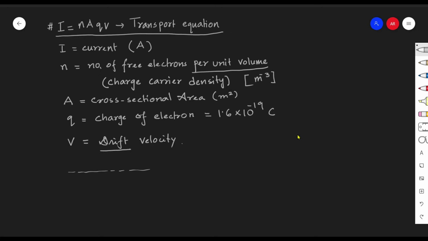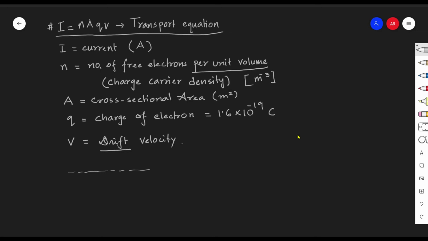Sometimes the question states e in place of q, small e. So small e or small q or capital Q doesn't matter. It represents the charge of the electron, which has a constant value of this much.